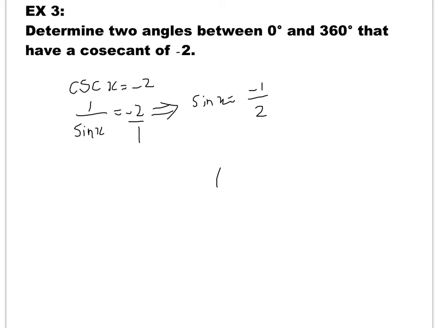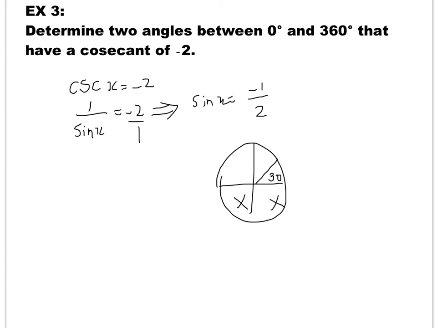Now, if I look at the unit circle, remember sine is the y value or y coordinate of the point. The only place that the y coordinate is negative is either in quadrant 3 or 4. Now, the reference angle is 30 degrees.